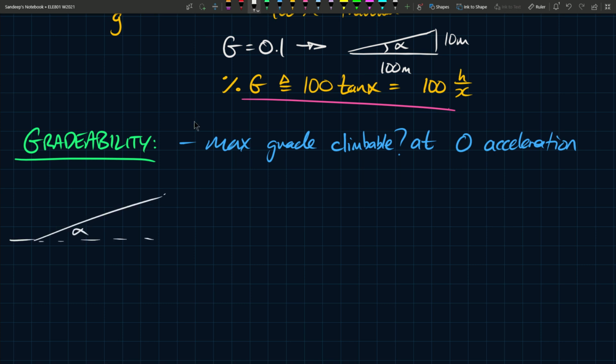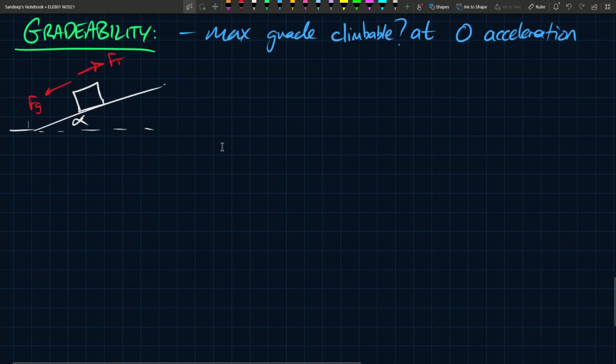let's say there's an alpha, and you're at zero acceleration. Basically what you're saying is the tractive force, Ft, should be equal to Fg, assuming all the other forces are ignored, because you want to see how capable it is of counteracting the grade resistance.